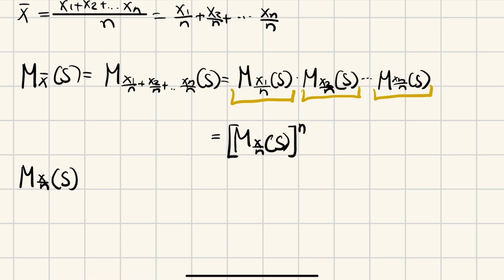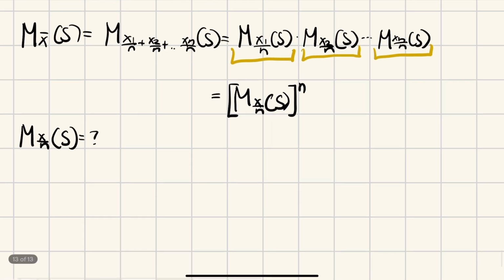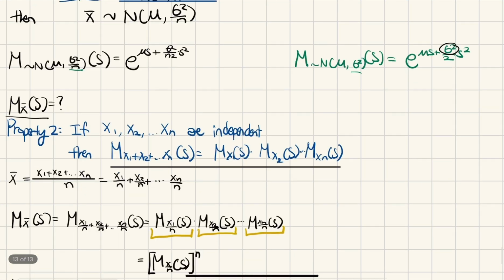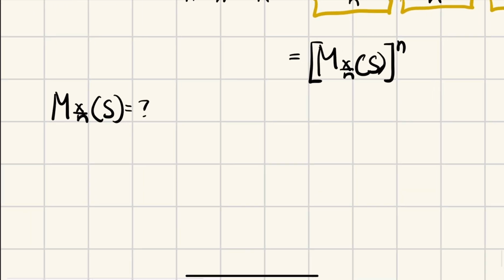To find this, it's kind of difficult as well, because we know that x follows a normal distribution, and normal distributions are usually pretty difficult. So we want to use the standard normal distribution to help us.